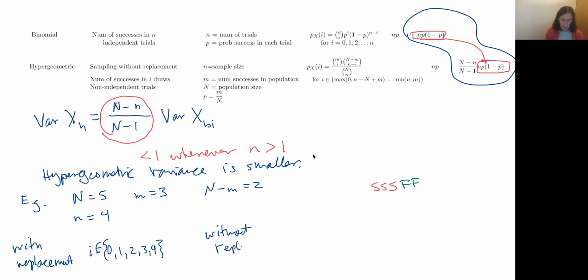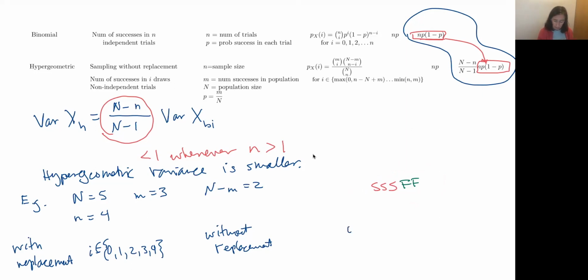But without replacement, you're not going to get a sample of 4 from this population that has 0 successes in it, because you'd have to have 4 fails, and you don't have 4 fails. And you're not actually going to get a sample of 4 that will even have 1 success, because you need 3 fails here.